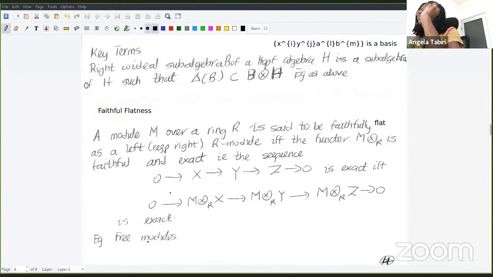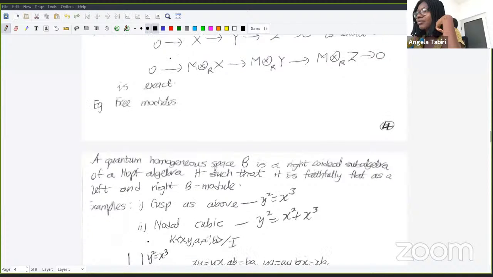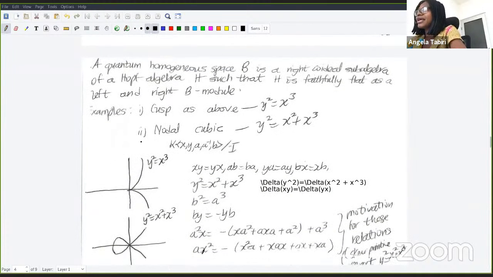So we now know what a Hopf algebra is, what a right co-ideal sub-algebra is, and what faithful flatness is. So finally, we can define a quantum homogeneous space. Given B, a sub-algebra of a Hopf algebra H, it is called a quantum homogeneous space if it is a right co-ideal sub-algebra of the Hopf algebra, such that H is faithfully flat as a left and right B-module.